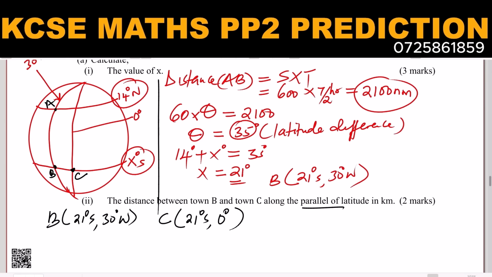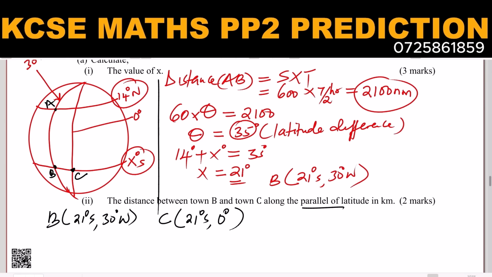So if this is the equator, 21 degrees south of the equator, assume that it will be somewhere here. So from the equator, this will be 21 degrees south, like that. So that is 21 degrees.